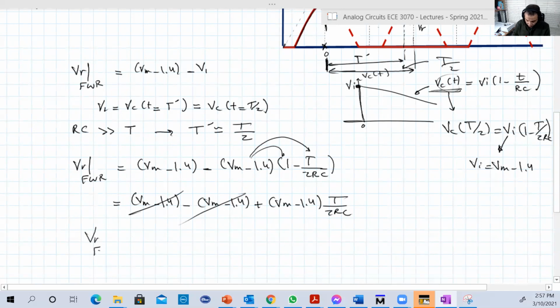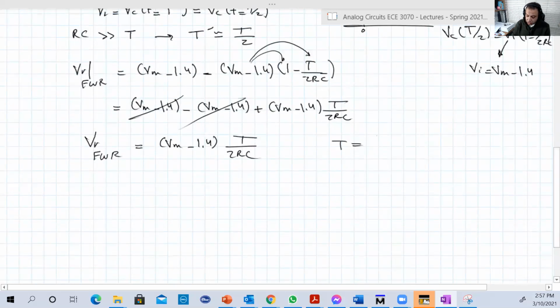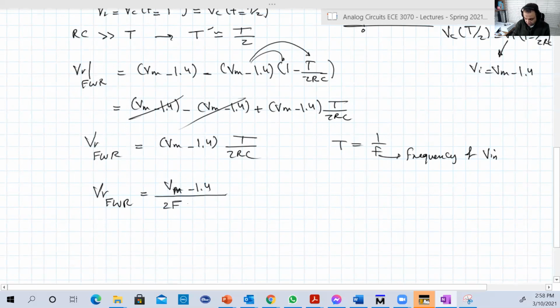So the ripple in the full wave rectifier equals Vm minus 1.4 times T over 2RC. T is equal to 1 over f, where f is the frequency of the input. So the ripple of the full wave rectifier equals Vm minus 1.4 over 2fRC.